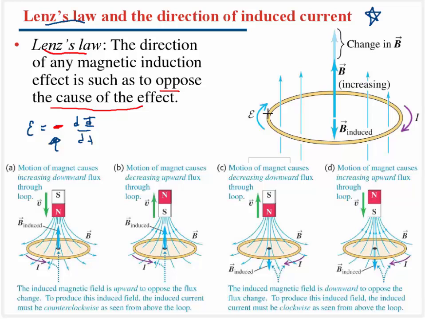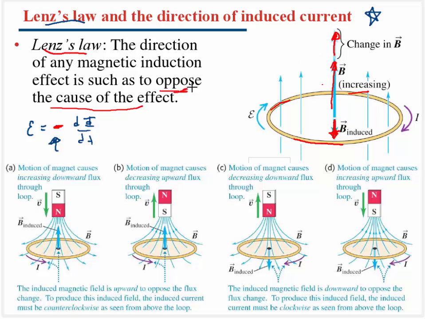Now, let's take a look at just a coil of wire. What Lenz's law says is this wire is happy the way that it is. It's happy just sitting there with some constant magnetic field at some given instant. If the magnetic field were to suddenly increase, then there's going to be a change in magnetic field. Any induced current is going to oppose that change. So the induced magnetic field must point in the downwards direction, so in the opposite direction as the change.